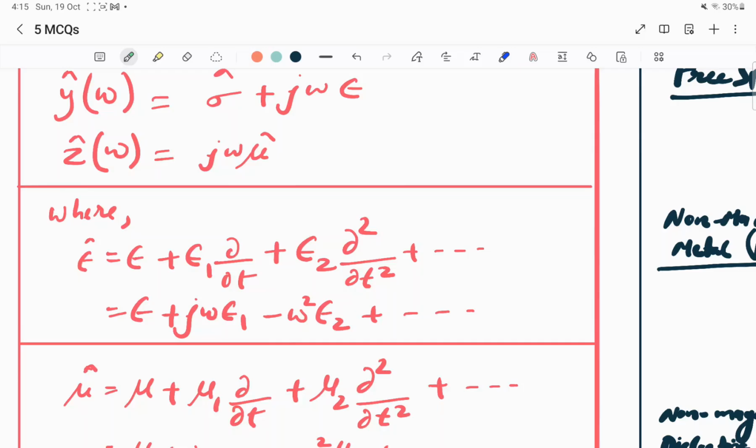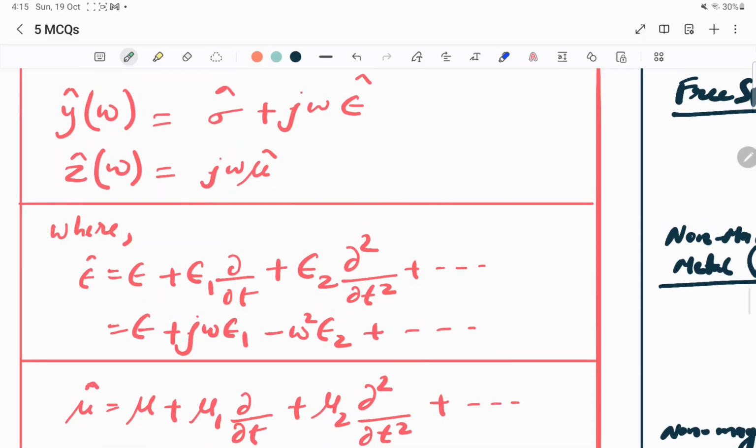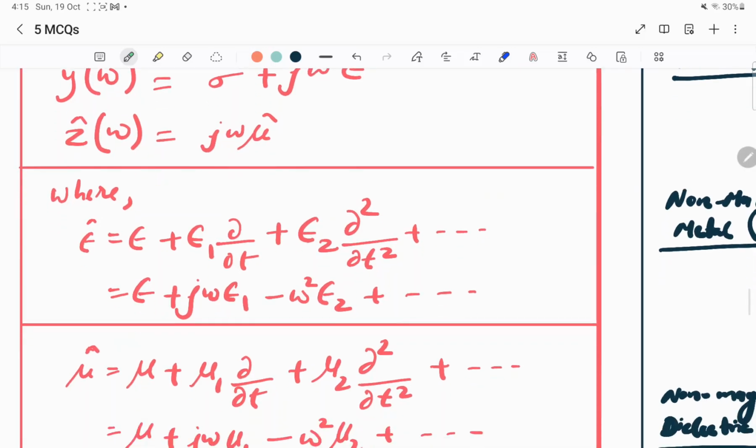But in general, when matter is linear in nature but not in the simple sense, the permittivity and permeability equations look something like this.